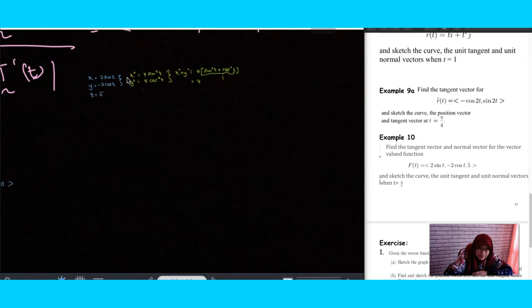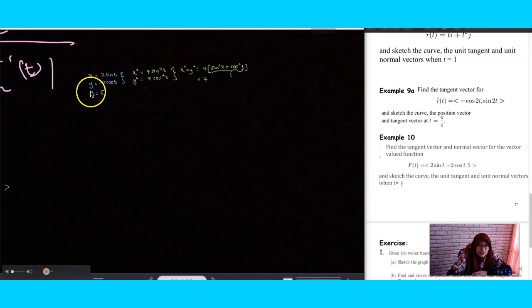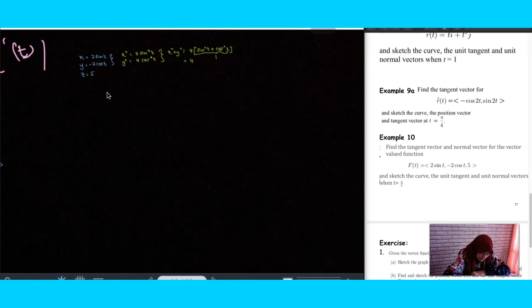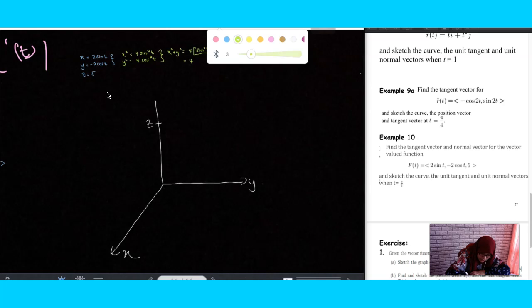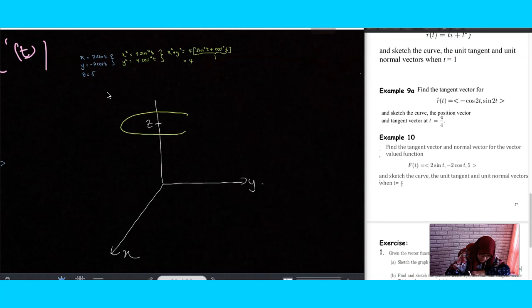Okay, but don't forget, this is only for x and y, but you have z equal to 5, meaning that on the plane of z equal to 5, you can have the particle moving around a circle. Okay, it looks like you have something like, this is your x, this is your y, and let's say this one is z equal to 5, then your graph is something like this.